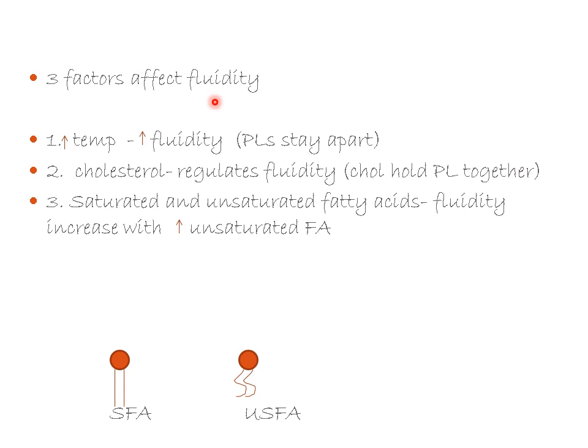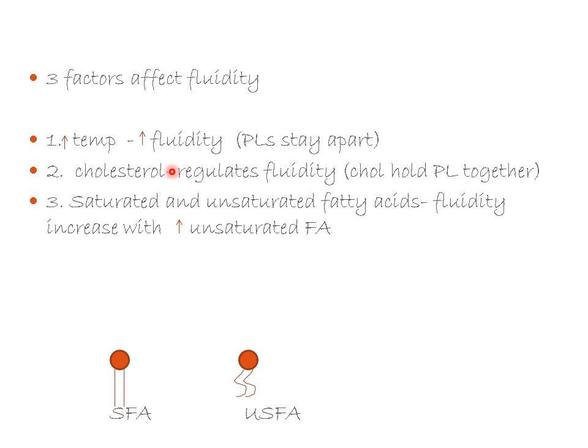You can remember it like whenever we heat any saturated fat like butter or ghee, it turns more into a liquid form, its fluidity increases. In the same way, since there are phospholipids, there is a lipid component in the cell membrane, so on heating it, the fluidity will increase. Second is cholesterol. Cholesterol regulates the fluidity. Sometimes it increases and sometimes it reduces. The details we will discuss later on.